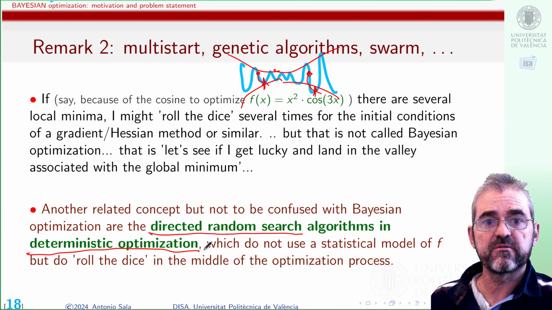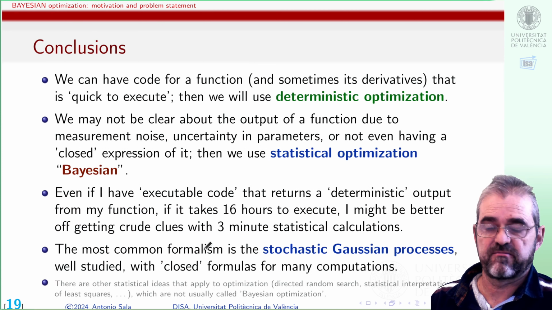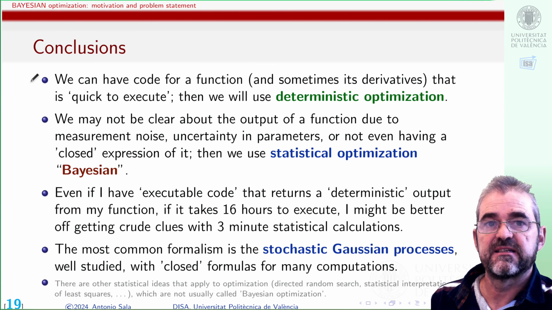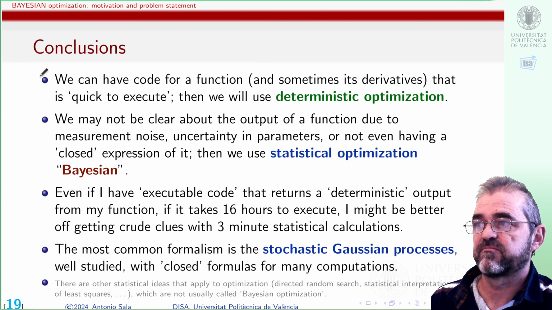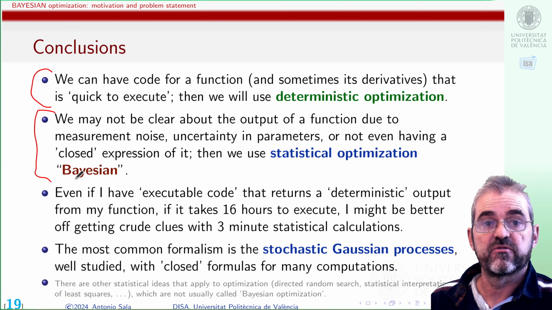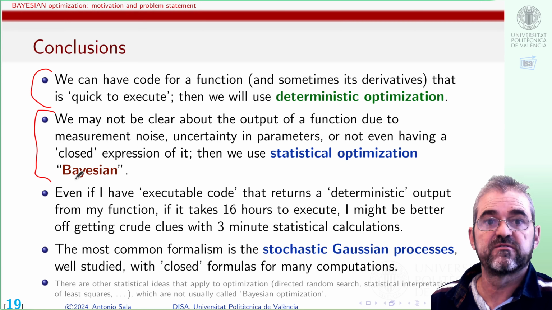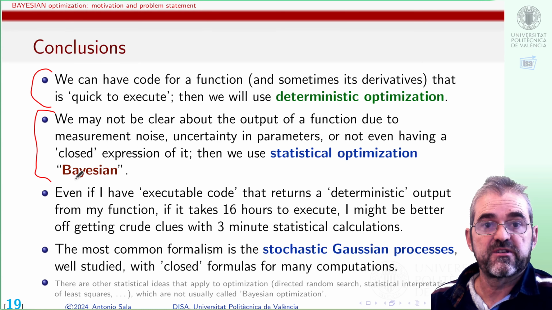Okay, so with these two remarks and our application discussion on Bayesian optimization, we will conclude our video by summing up what we have seen in these introductory videos. If we have a function that is fast to compute, then we will use deterministic optimization. And if we have a function whose evaluations are given with some measurement noise, or even I do not have a closed form for it, then I will use statistical methods for optimization.